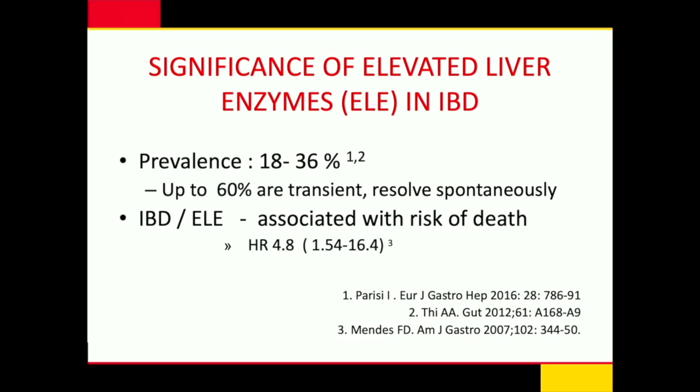Elevated liver enzymes, though, in IBD are associated with an increased risk of death. This particular study from the Mayo Clinic showed that the risk of death may be approaching 5. The hazard ratio was 4.8. So it's really not a benign association and may be a surrogate of more advanced IBD.